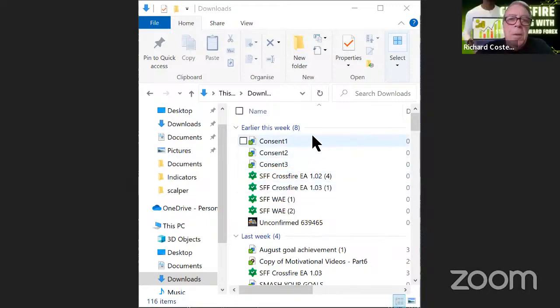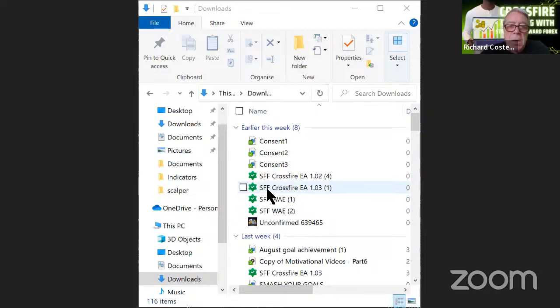But basically, when I've downloaded these two items to my computer, it appears here. So I've got the WAE with 1 in brackets and WAE with 2 in brackets. When you download them, you need to save them as SFFWAE without the brackets.